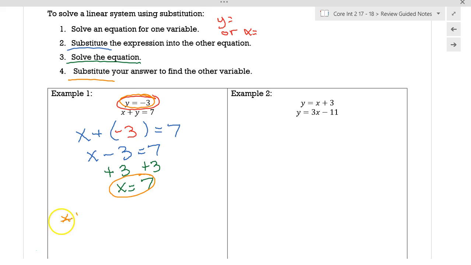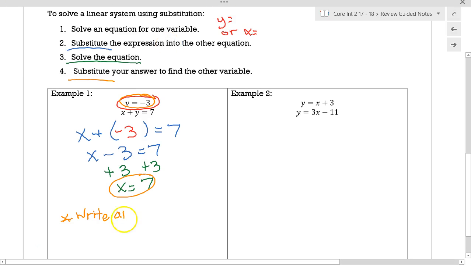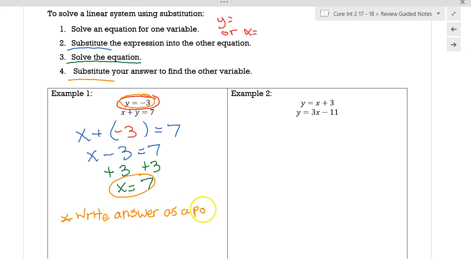We're always going to write our answer as a point, and by point we mean (x, y). So my x here is 7, and my y was -3. That is my answer for example 1: (7, -3).